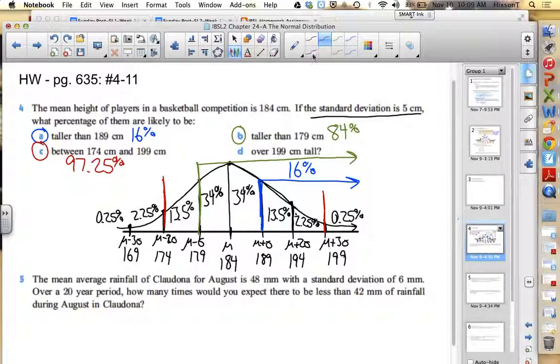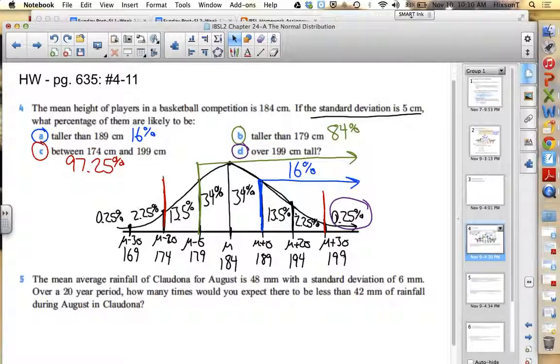And then lastly, D. How many are over 199 centimeters tall? That's just 0.25%. It's just the opposite, you got the complement.